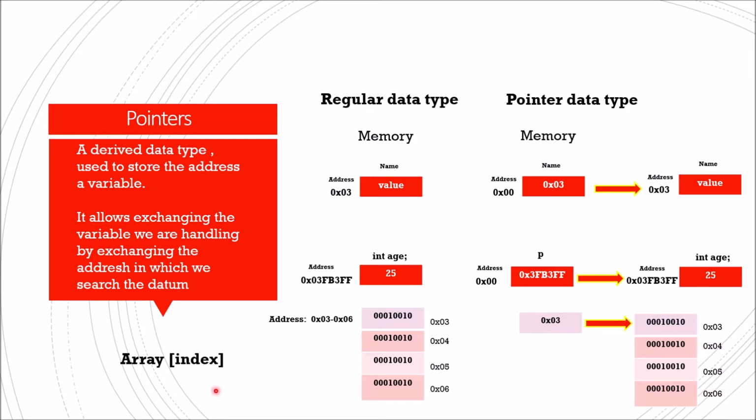As we saw in the previous video on arrays, to access the different elements within an array, we use the name of the array and an index in square brackets. So if I want to access the first element, let's suppose that this block of data is an array, I will have to use the index 0.